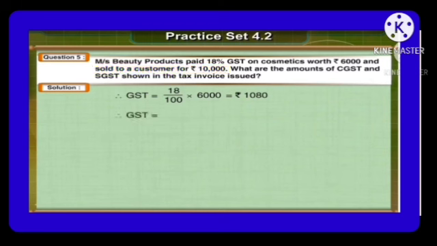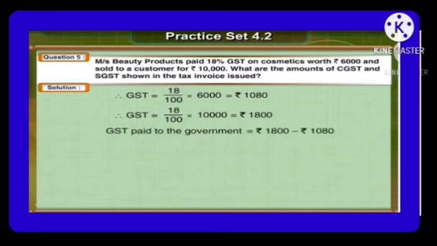So, GST is equal to 18% of 10,000, which is equal to rupees 1,800. Now, GST paid to the government is equal to rupees 1,800 minus 1,080, equal to rupees 720.